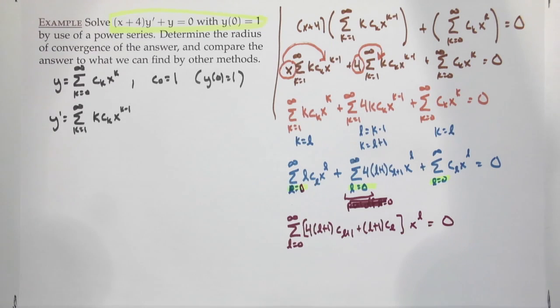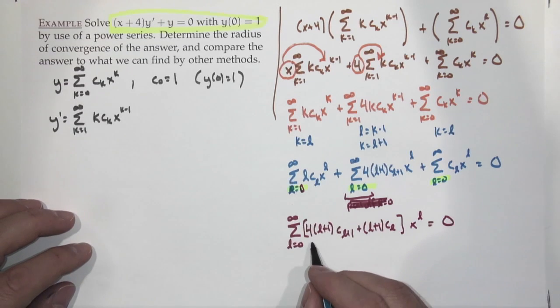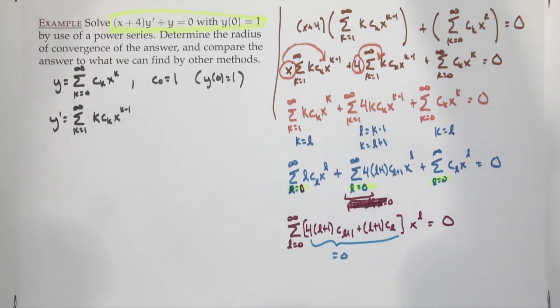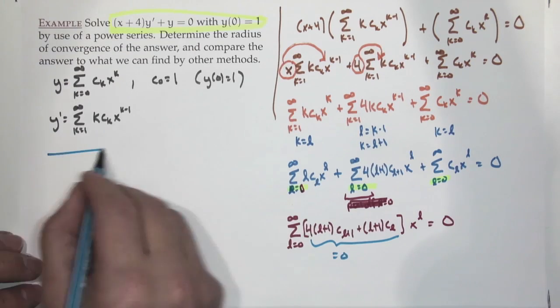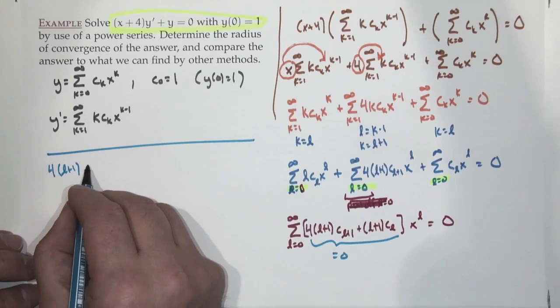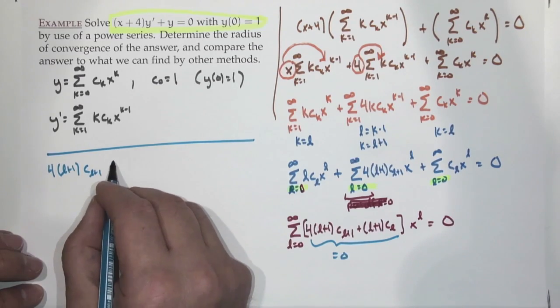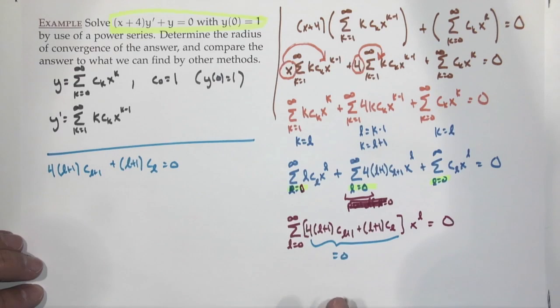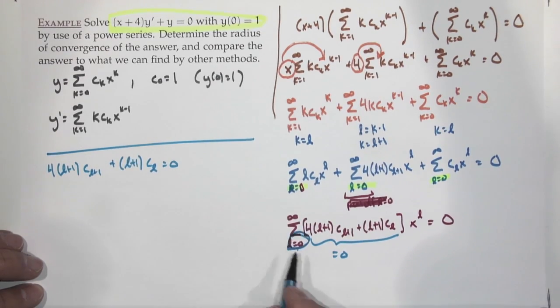Now what happens? Well, what's true about this coefficient? It has to equal 0. So, 4(L plus 1) c sub L plus 1, plus (L plus 1) c sub L equals 0. And this is going to start being true starting at 0.